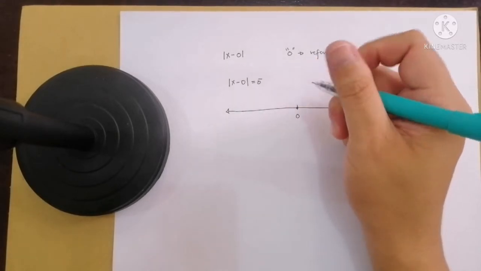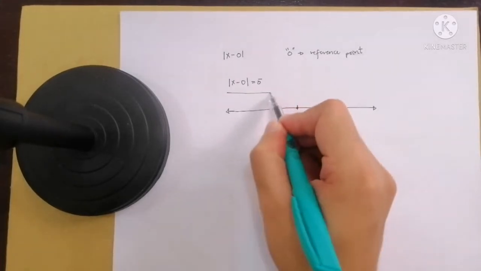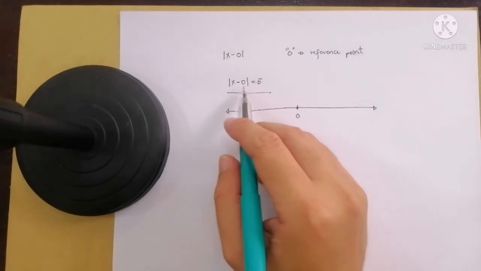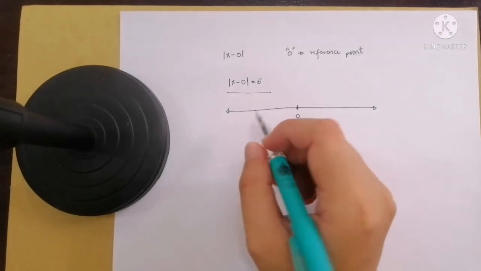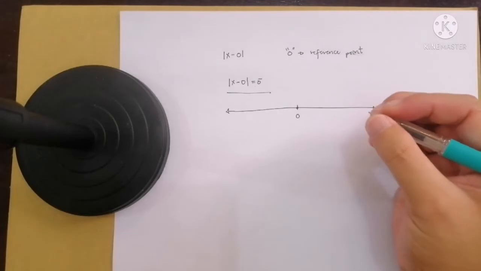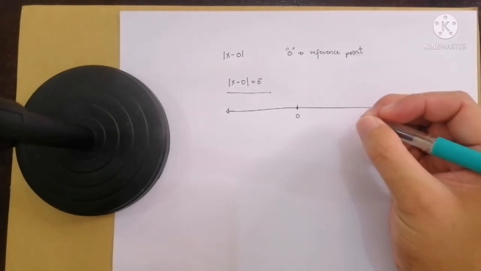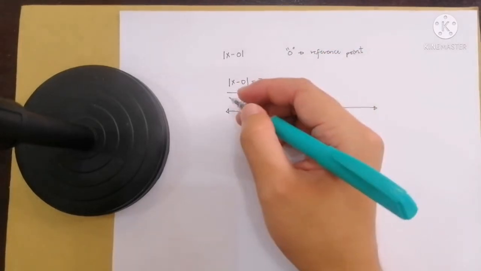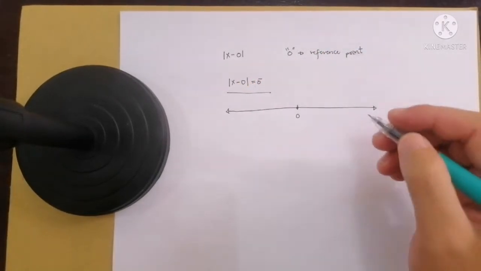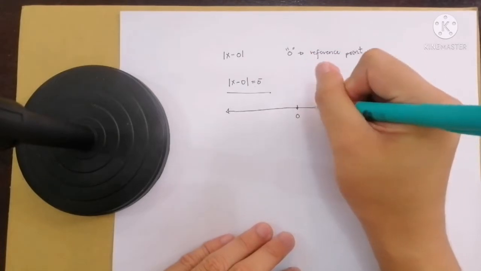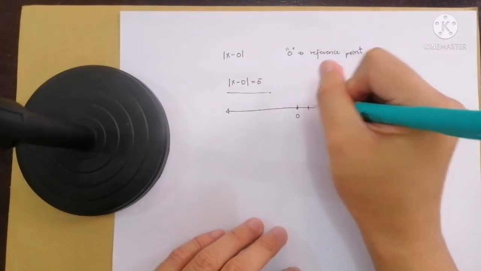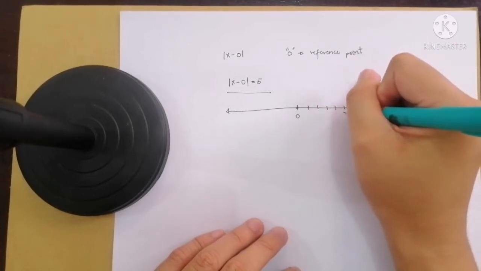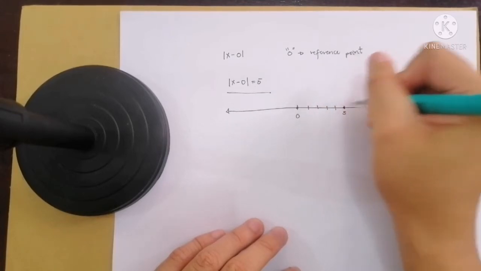So sa 0 tayo magsisimula dito. Now, if we are going to look back here dito sa mathematical notation na the absolute value of x minus 0 is equal to 5, then there are two numbers representing the particular number x here that are 5 units away from 0. So if we're going to count, sa positive side muna tayo, we have 1, 2, 3, 4, 5. So dito maglaland sa positive 5.